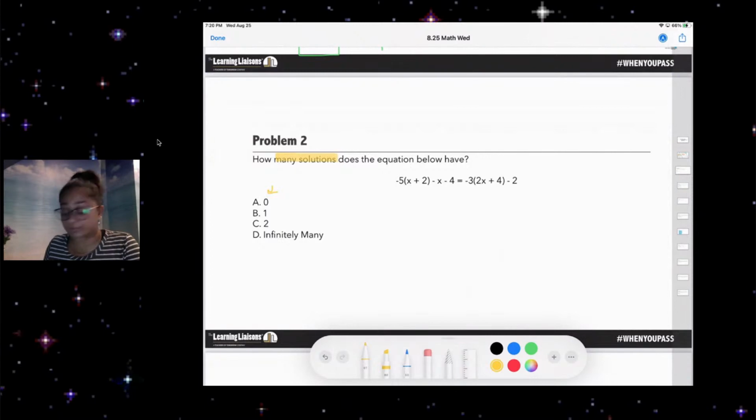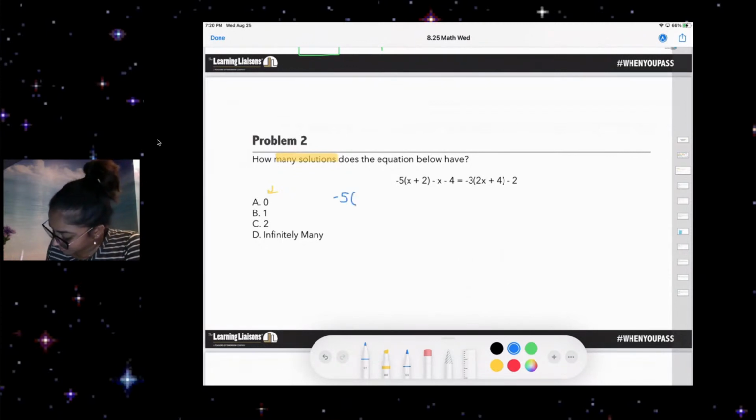We can use any number: 5, 6, 7, 10, 11, 52. I like 0, 1, and 2 because they're small, quick numbers, and I can get through the problem very fast. Remember, we're timed on all our exams, so we want to get through it as quickly as possible. So I'm going to start plug and chugging.